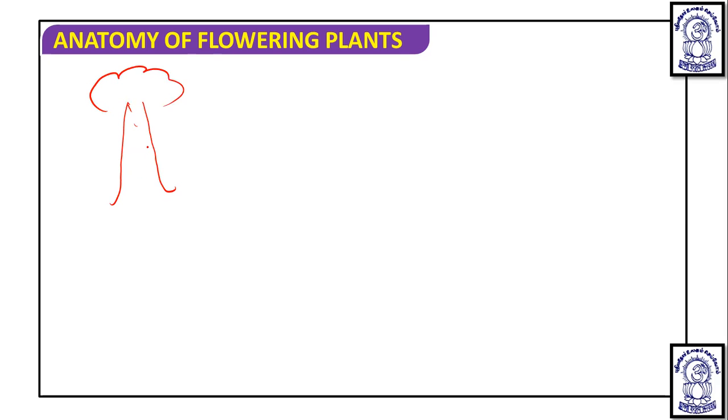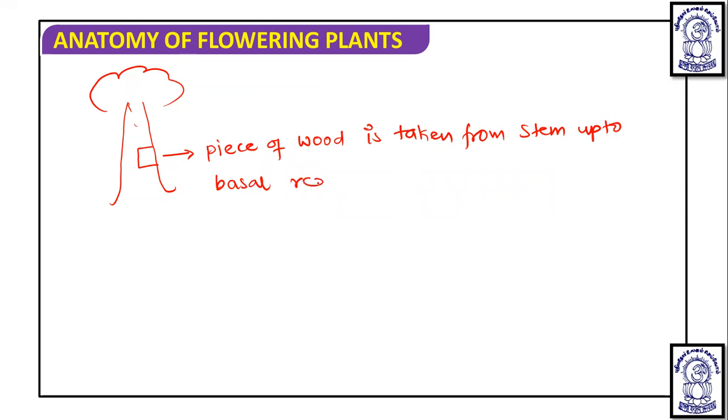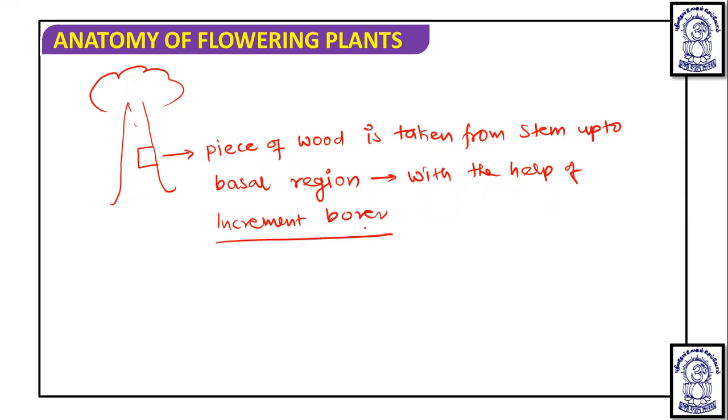From the base of the plant, a piece of wood is taken, cut from the stem up to the central region, with the help of the increment borer instrument.